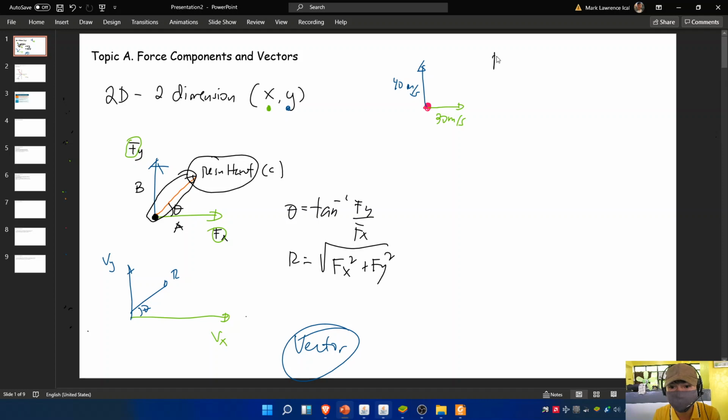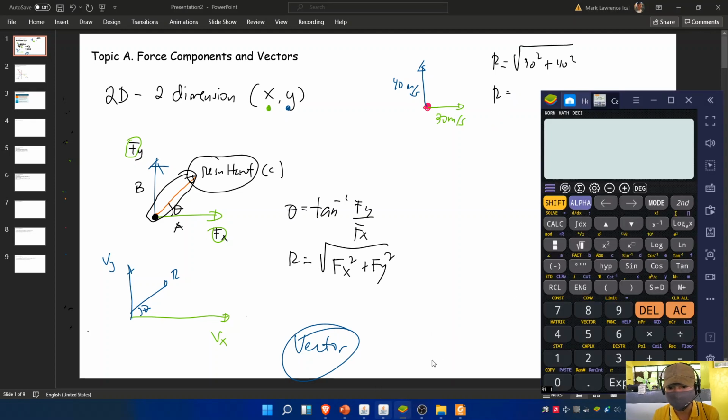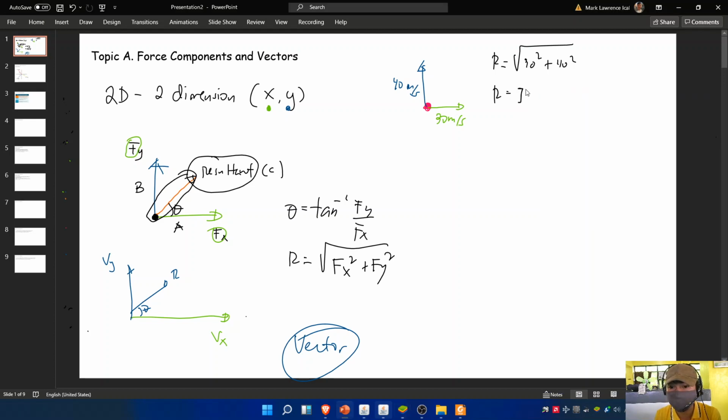So, the resultant R is equal to the square root of 30 squared plus 40 squared. Okay. So, R is equal to, okay, so, this is 50. Okay. 50 meters per second.